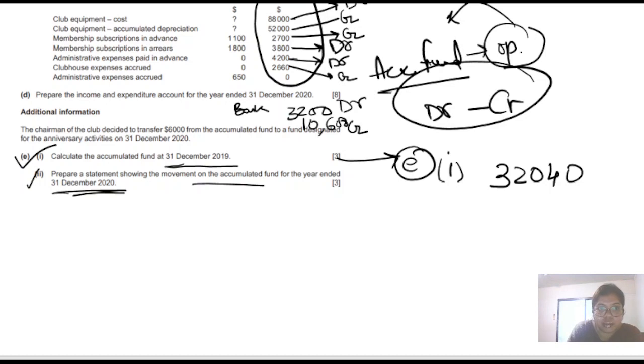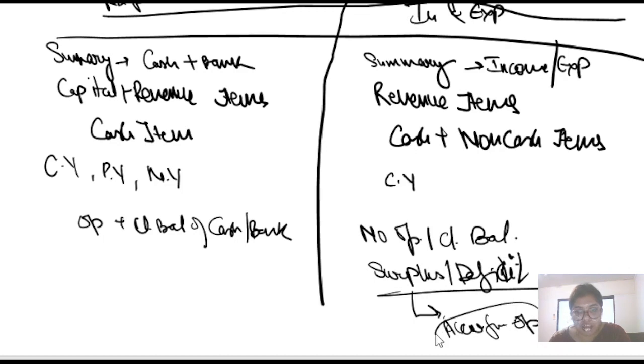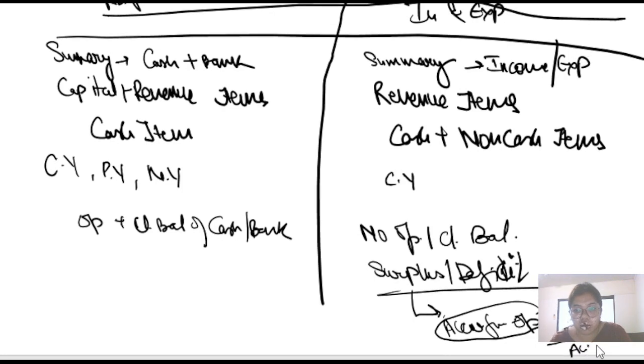And how are you going to calculate the accumulated fund for the year ended? In the theory, I told you that surplus and deficit is going to be transferred from the income and expenditure account to your financial statement, under accumulated fund. So opening balance of accumulated fund plus surplus, and if it is deficit, then you deduct the deficit. You will come to know your accumulated fund closing balance.